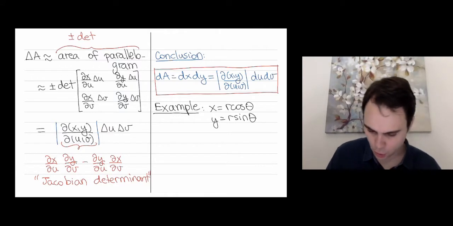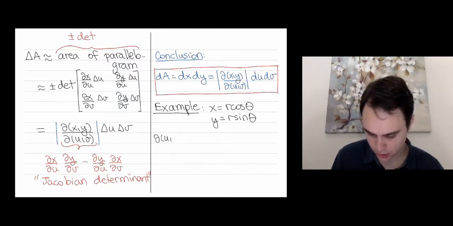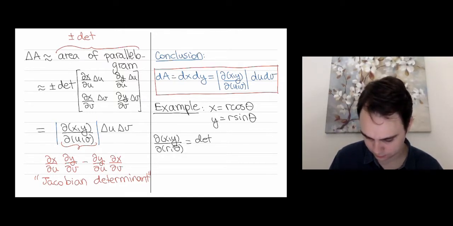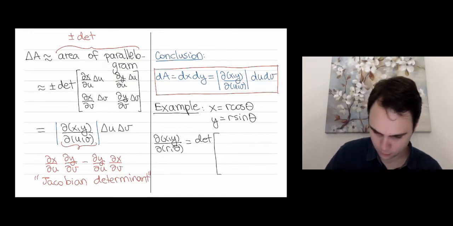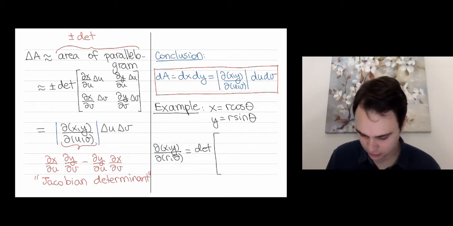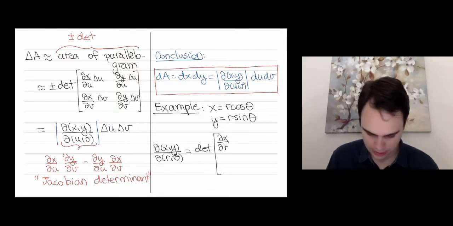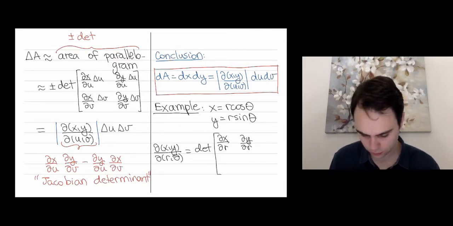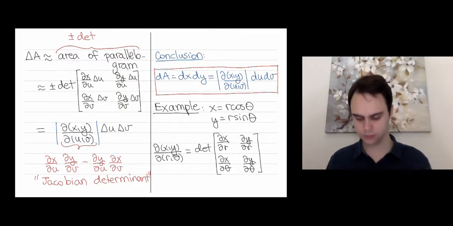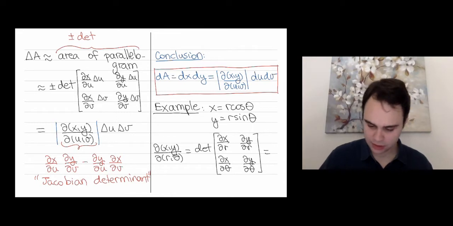So now what's the Jacobian determinant? d(x,y)/d(r,theta) is the determinant of dx/dr, dy/dr, dx/d theta, dy/d theta.